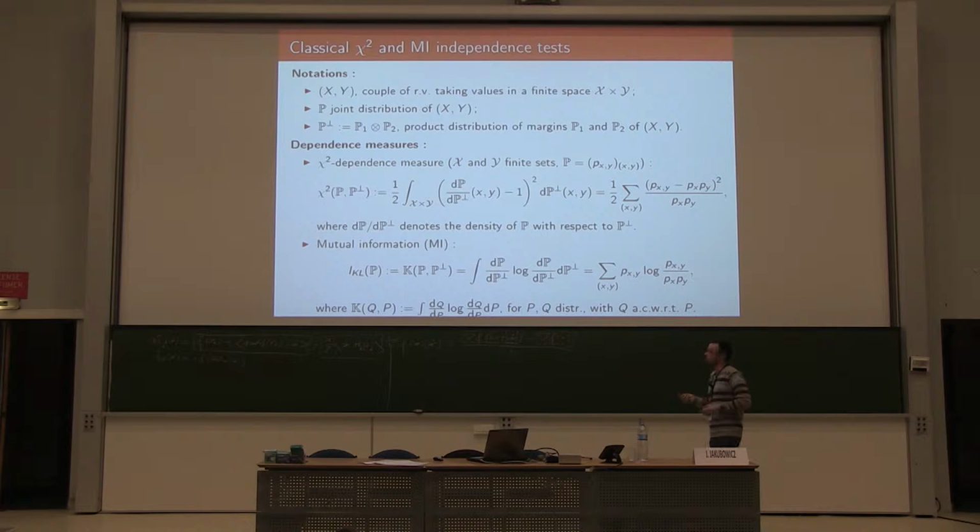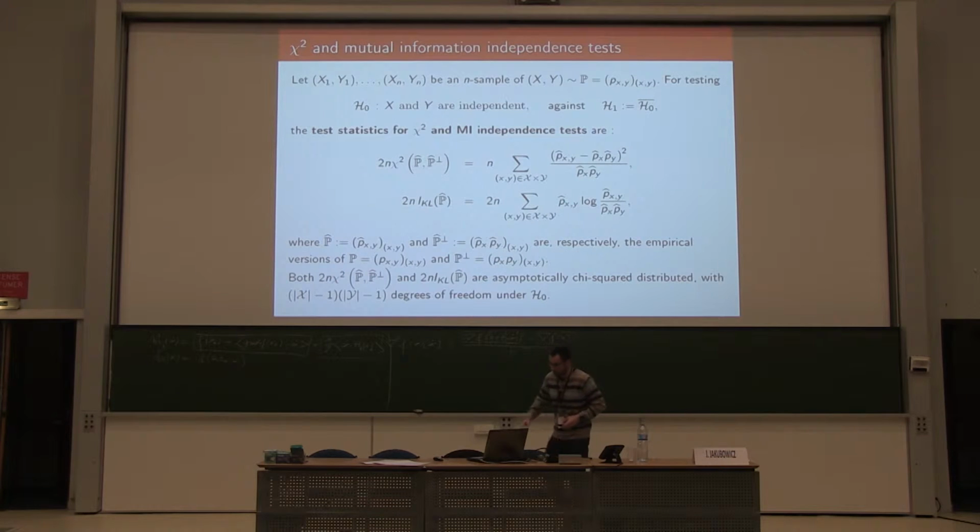When you're dealing with finite random variables, you can easily estimate both of these quantities just by plugging the empirical counterparts of the joint distribution and the product of the marginals into the related divergence.